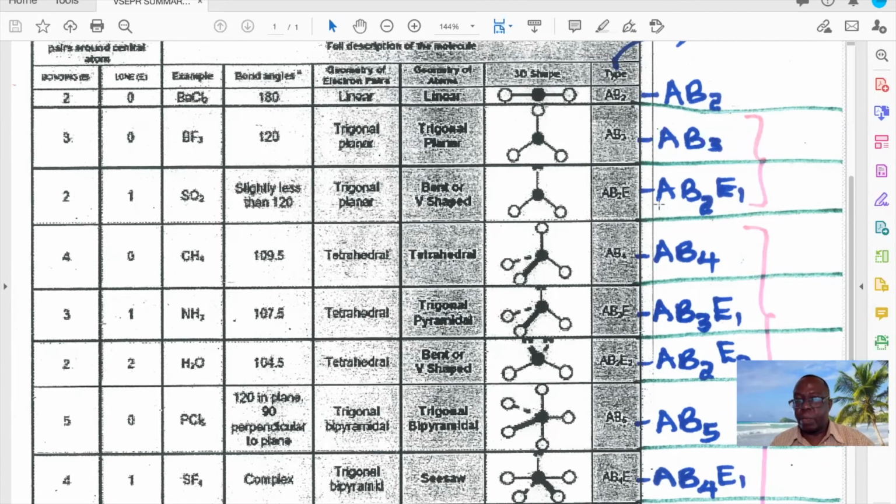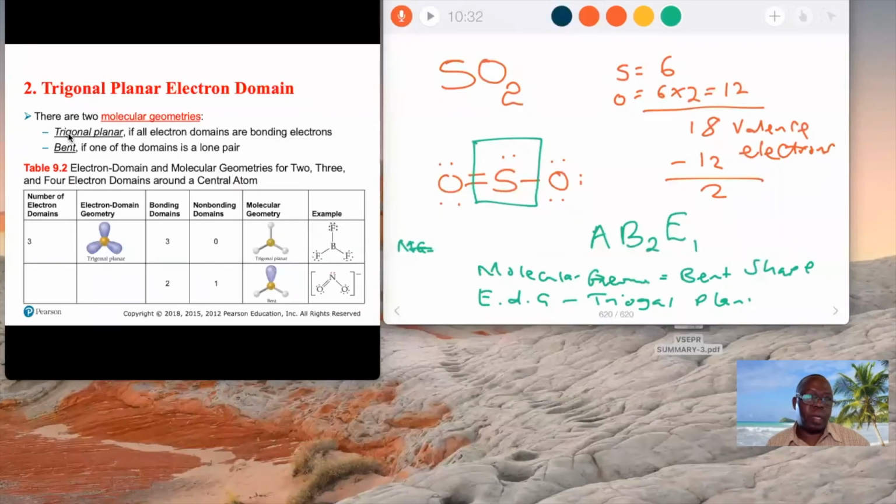It's the same thing because it assumes this general formula: A for the central atom, B for the external atom hooked to the center, and then E for the lone pairs on the central atom. So I'm just using sulfur dioxide to show you how you can answer a question on molecular geometry or electron domain geometry, and you know how it looks for trigonal planar, assuming that there are no lone pairs.